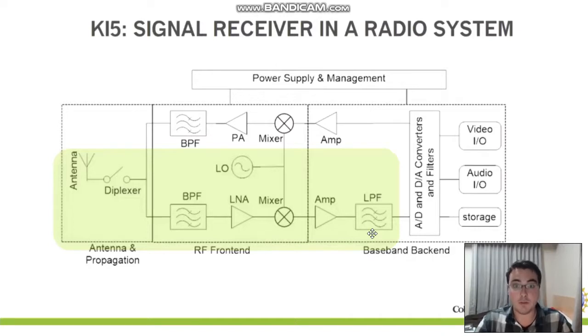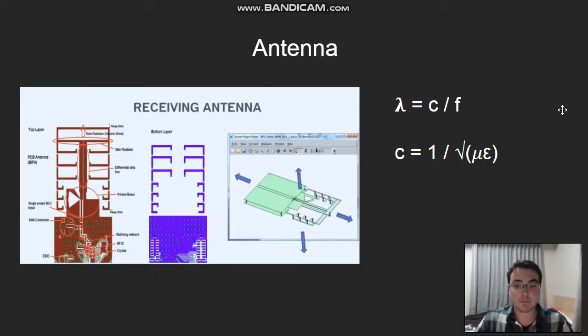All right, so the first device that we're going to go more in depth on is the antenna. The antenna is designed in a very specific way, and it has a specific wavelength that the antenna is designed to be, so it can receive signals at desired frequencies more efficiently. So how does it do this?